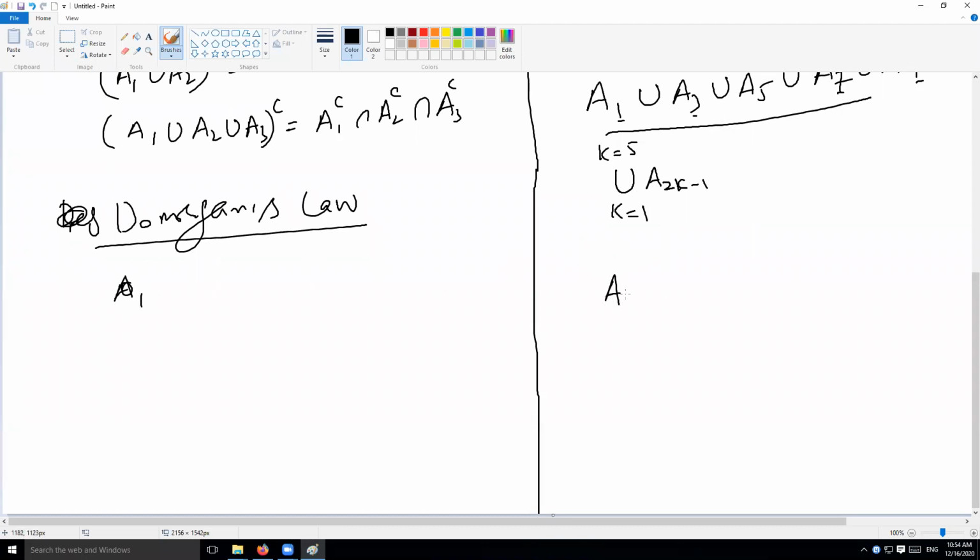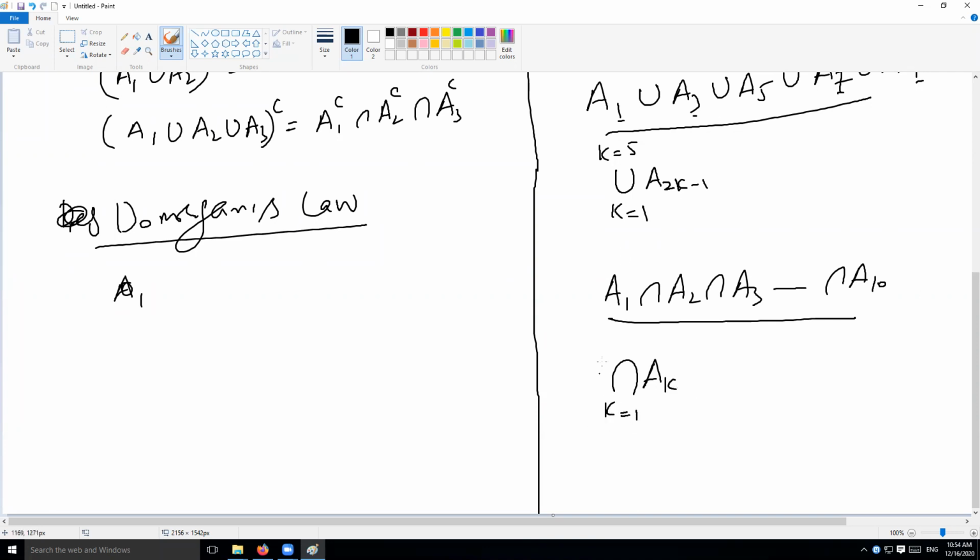So if I have A1 intersection A2 intersection A3, up to intersection A10, what would be the compact way to write it? I am doing the intersection of AKs where K goes from 1 up to 10, right? That would be the way to write the intersection. Are you getting the point? Okay?